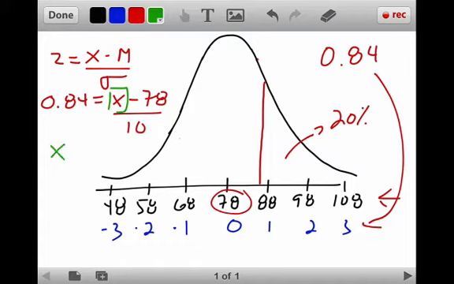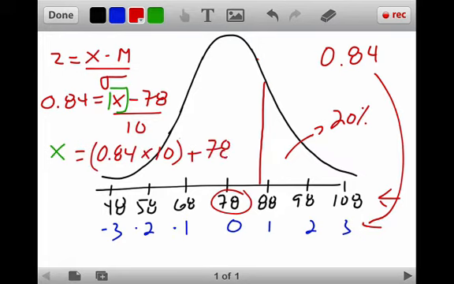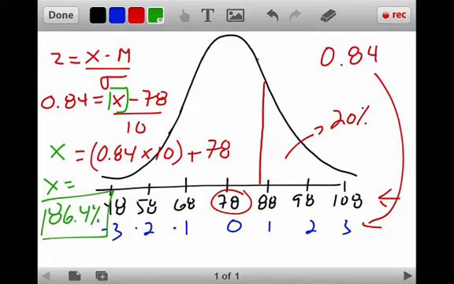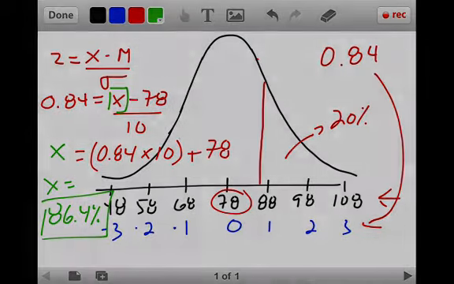In order to find x, we would do 0.84 times 10, and add 78 to it. So 0.84 times 10 plus 78, x would equal 86.4%, and that would be our final answer right here.